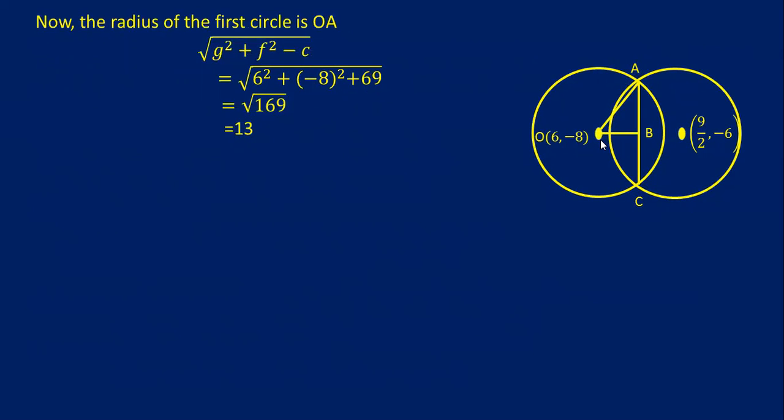And the length of OB will be the perpendicular distance from 6, minus 8 to this line.